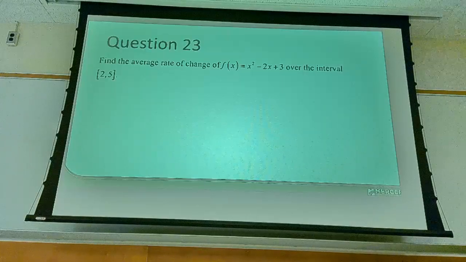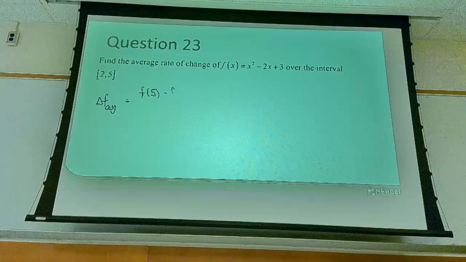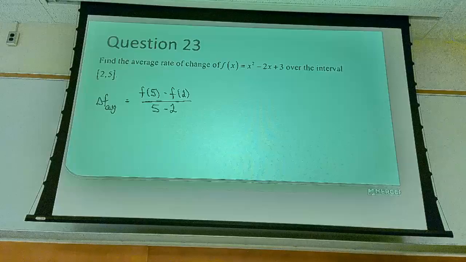And one more for average rate of change. F of x final. What's x final? 5. Minus f of x initial over x final minus x initial.